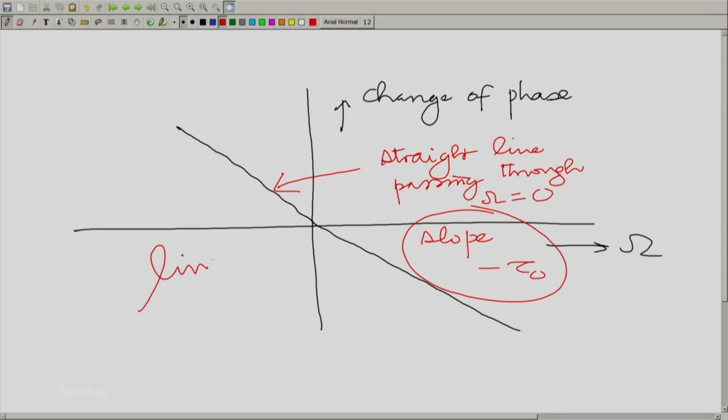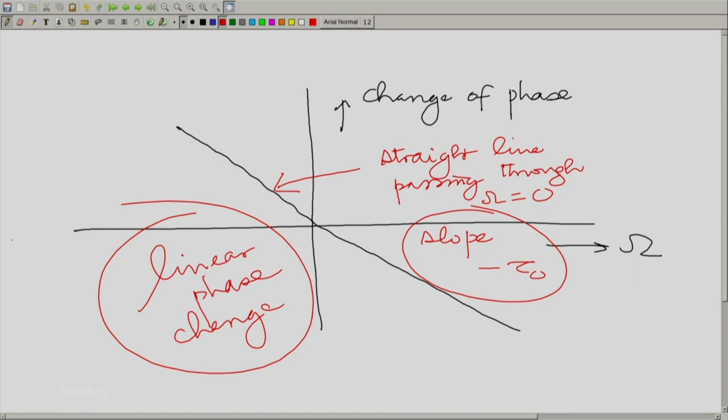Now, this is what is called linear phase or linear phase change. This is very interesting. So, when the change of phase as a function of frequency is linear in frequency, the implication is that the signal is shifted.